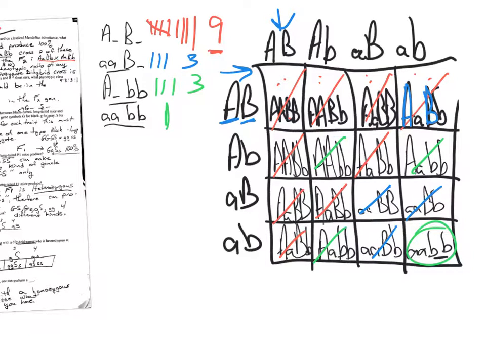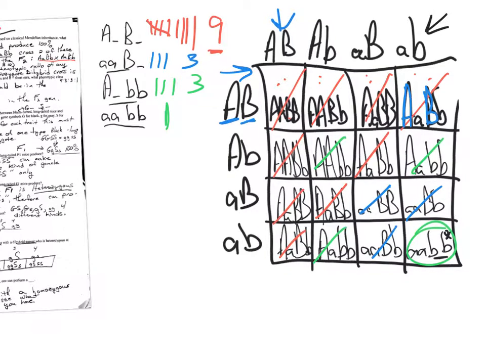So that's why, every time, now pay attention, that's why you always get 9 to 3 to 3 to 1 when you do a dihybrid cross with heterozygotes. Because it's only one of those, and then you always get this combination. And I don't care what the trait is.